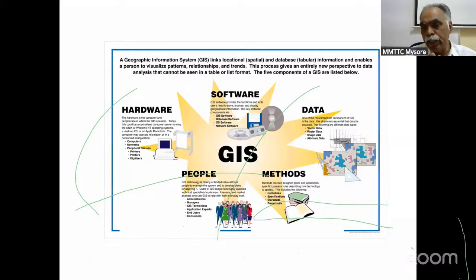Suppose my methodology is wrong, I will not be able to get the exact spot where landslide will occur. I will be showing some other place, and that place will not be a place of landslide. It will have very stable land. So this kind of wrong analysis and wrong output should not be generated. For that reason, the method should be very proper and correct.